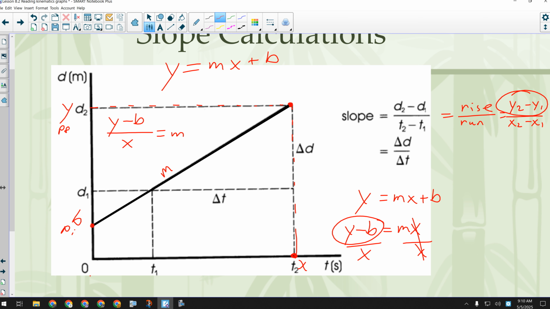On the y-axis is position. Y is my final position. B is my initial position. What's x? Time.